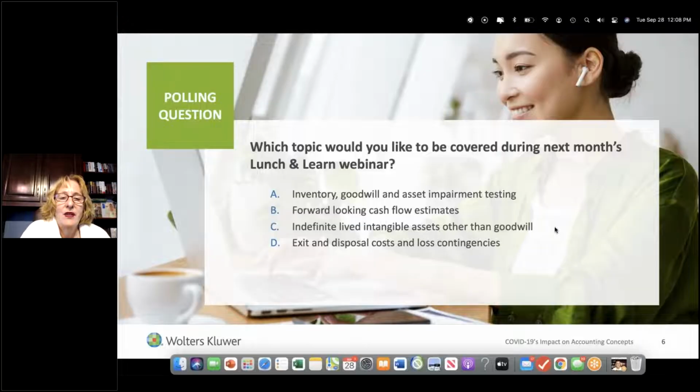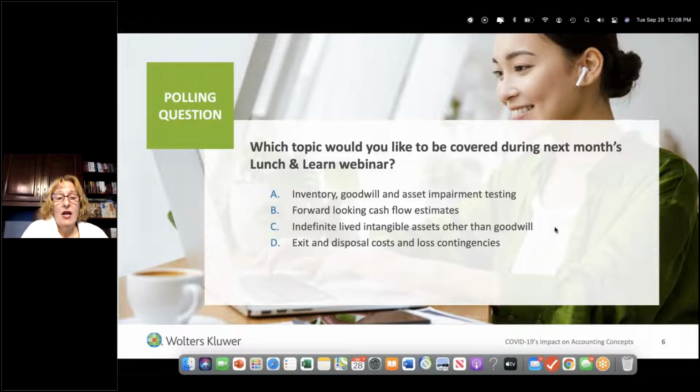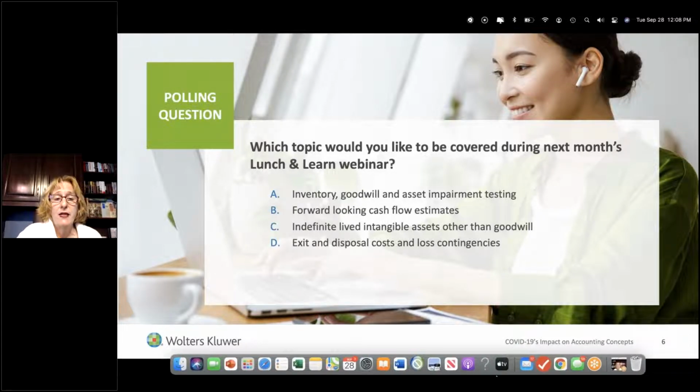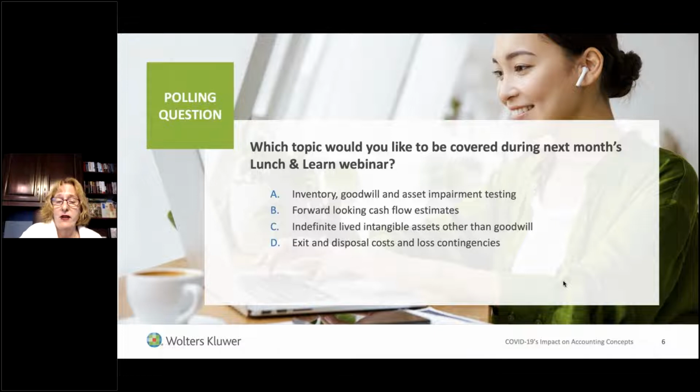Okay. The results probably tell us that next month we'll focus on inventory, goodwill, and asset impairment testing. So thank you for answering that. I'm assuming we can go ahead and move to the next slide. Has everyone answered the question and got the credit? Yes, the poll is now closed, so we can move forward.